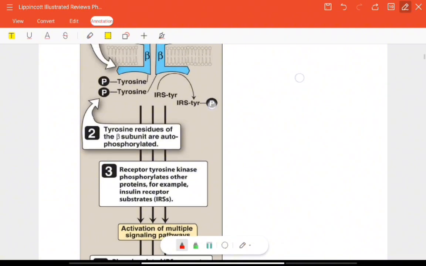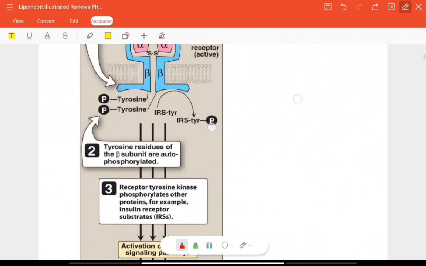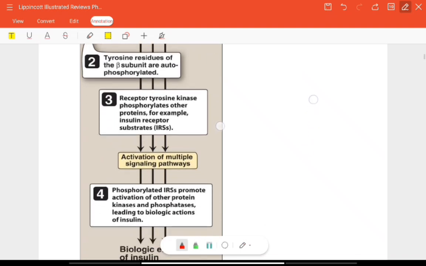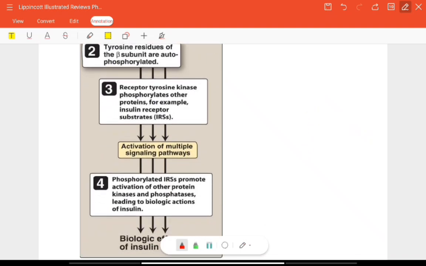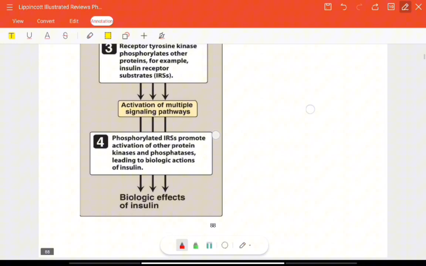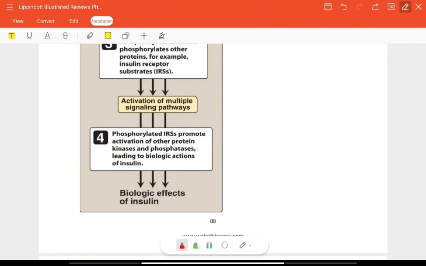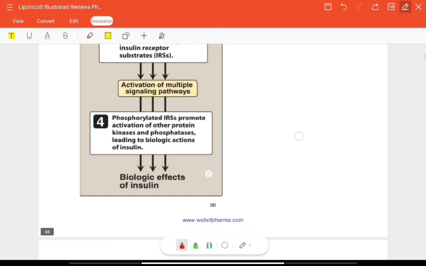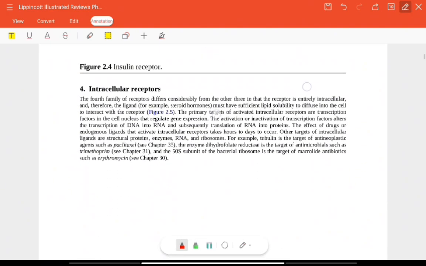The tyrosine residues of the beta subunit are autophosphorylated. Then the receptor tyrosine kinase phosphorylates other proteins, for example insulin receptor substrates, and thus activates signaling pathways. Then we can see phosphorylation and the biological effects of insulin.